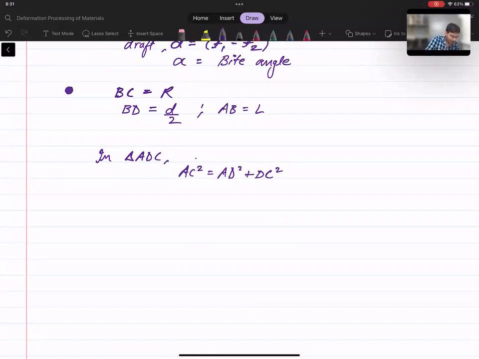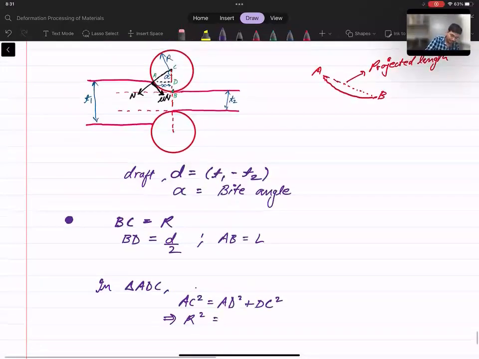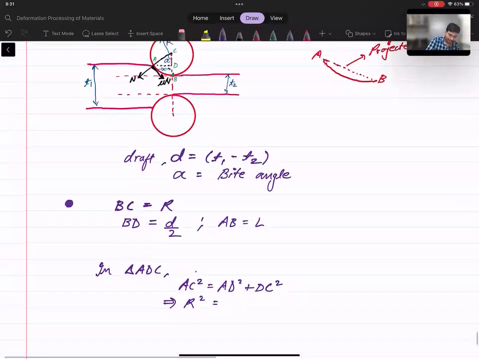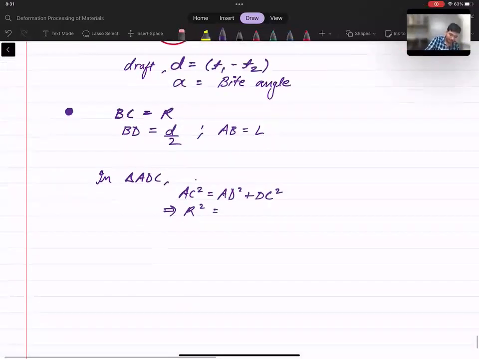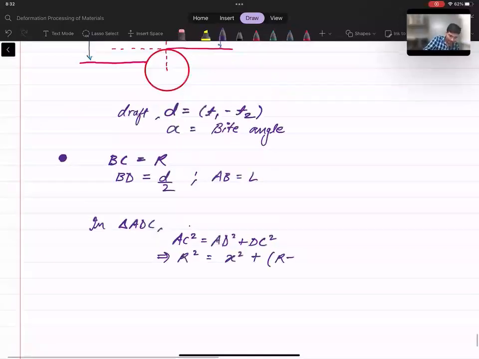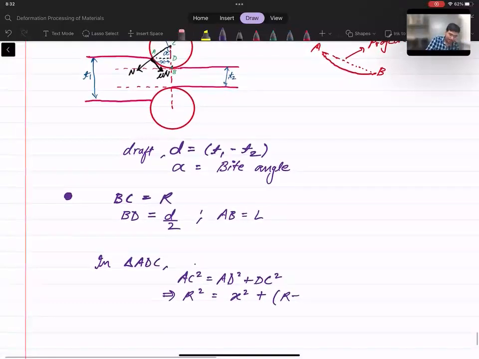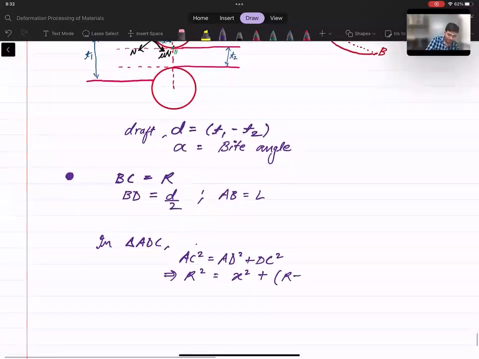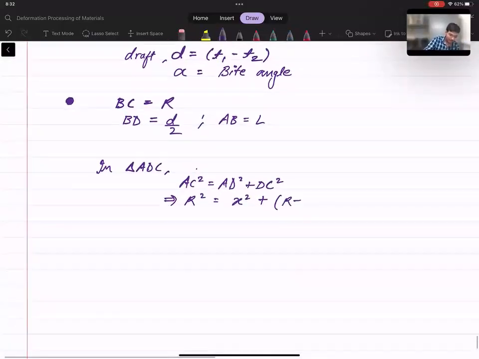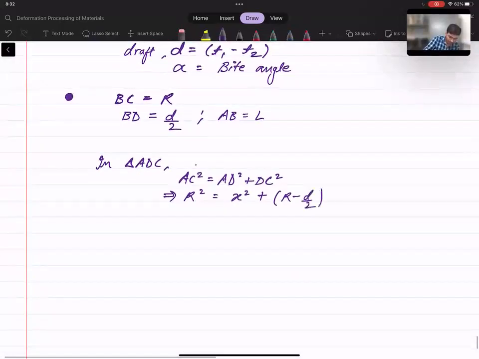So AC is nothing but the radius R, so R square equals X square plus, DC is the radius minus D by 2, so (R minus D by 2) square.